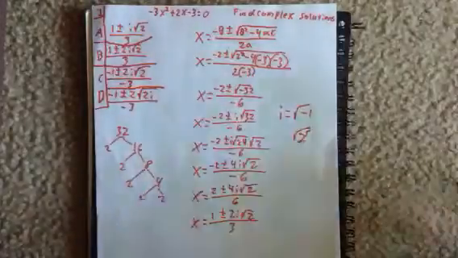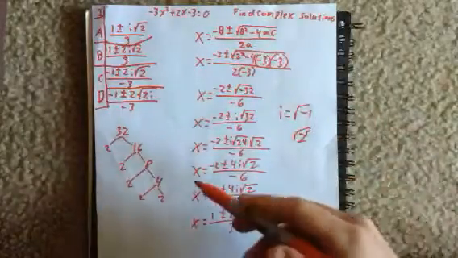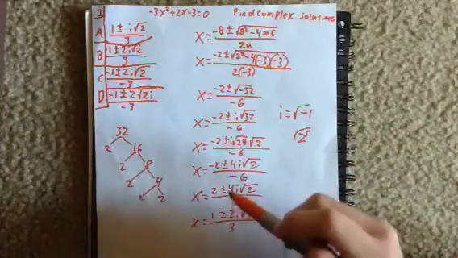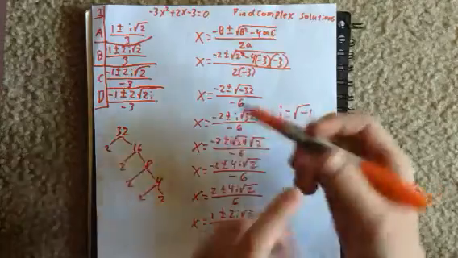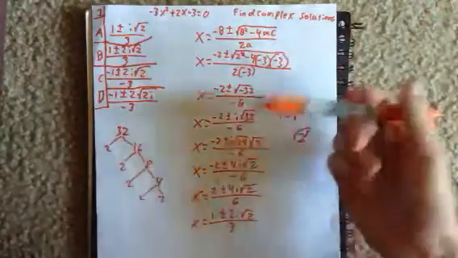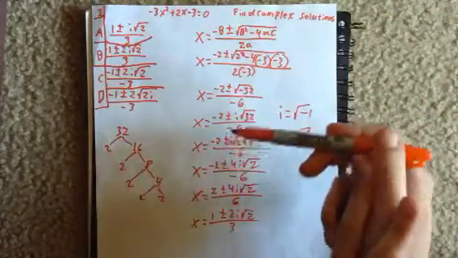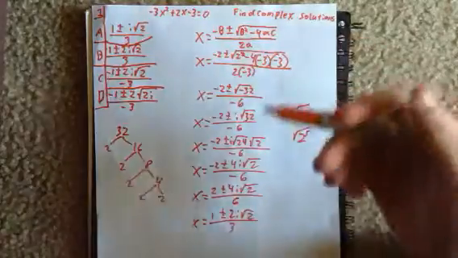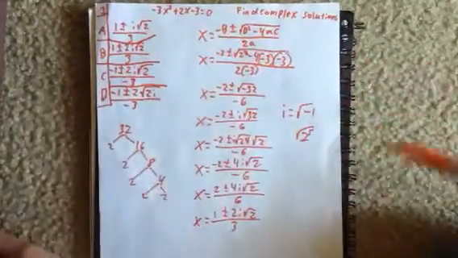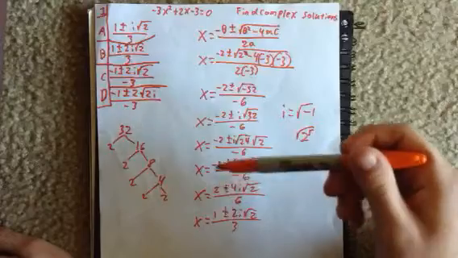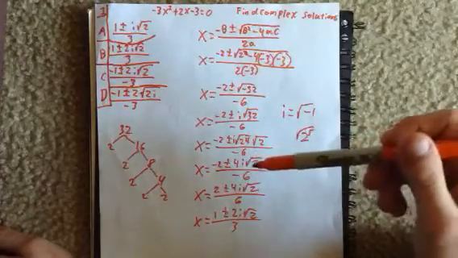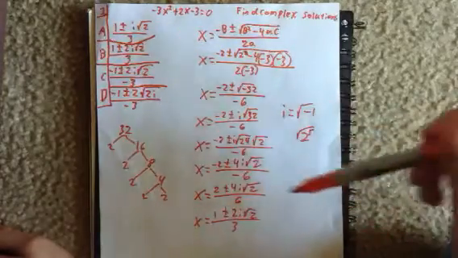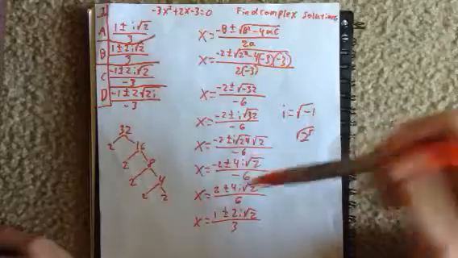So I can get rid of those negatives, because it's equivalent if I put in the positive numbers instead, and that's just easier to work with mathematically. So now I have x equals 2 plus or minus 4i times the square root of 2, over 6.